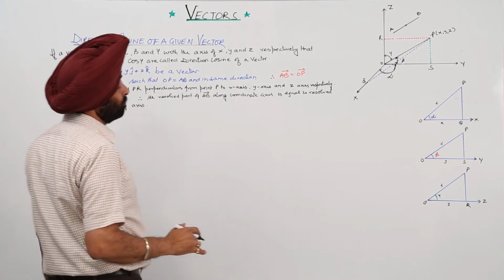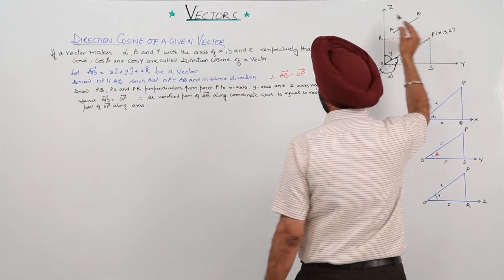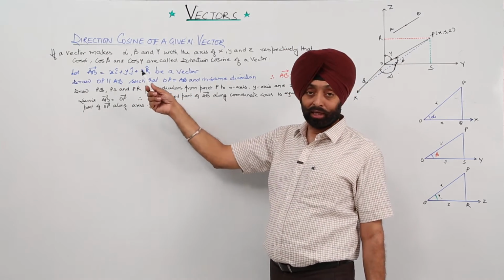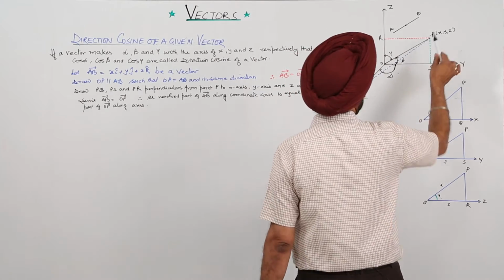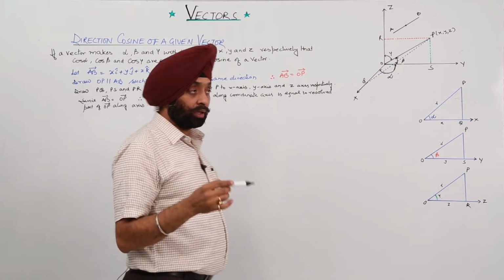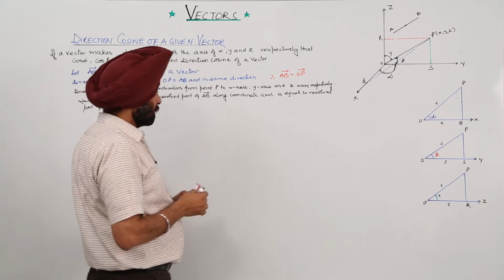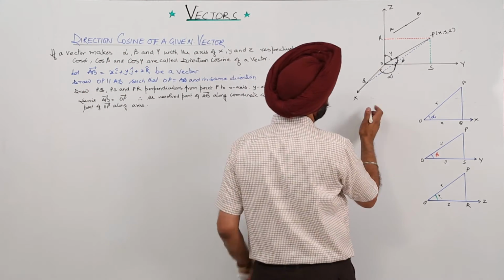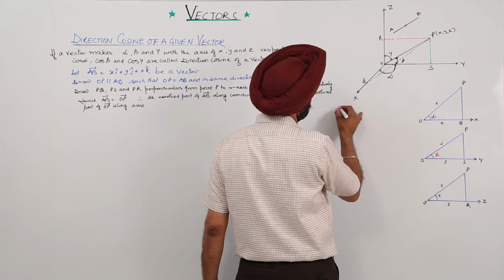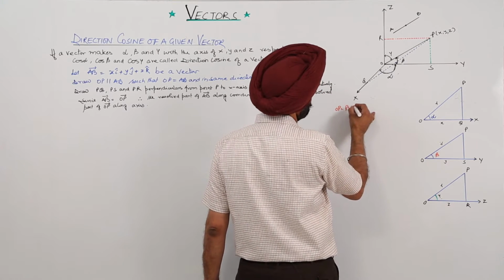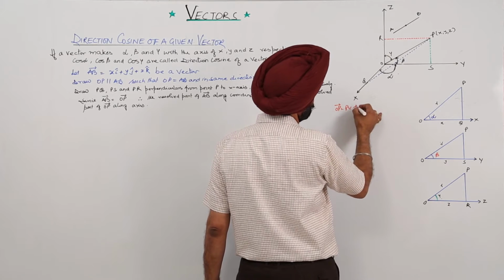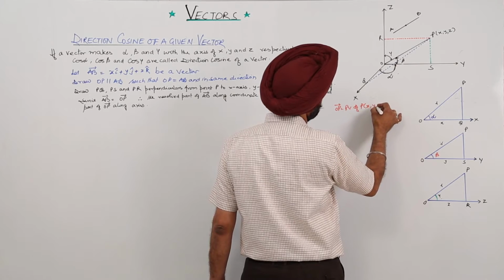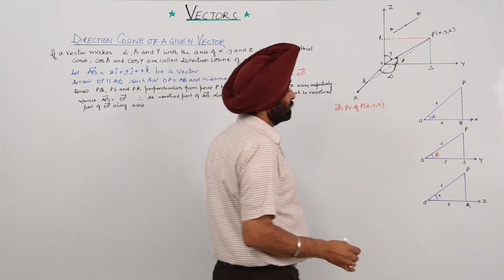Okay, it means if vector AB is x i cap plus y j cap plus z k cap, then coordinates of P are also x, y and z. Now also we can write OP is equal to position vector of P, that is x comma y comma z. Is it clear?